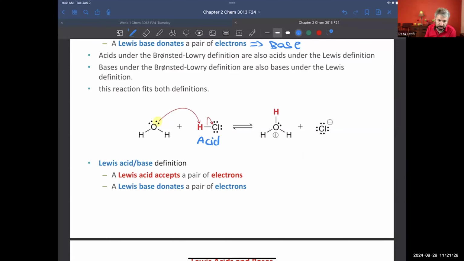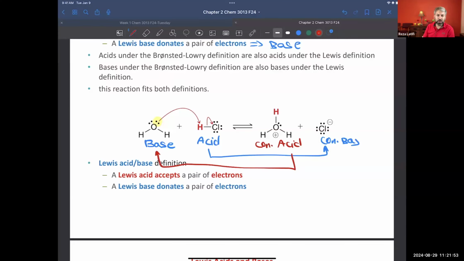Based on the Bronsted definition, I'm going to call this one the acid, because it's giving H plus to water. And this is going to be the base. This one will be the conjugate base, and the hydrogen ion will be the conjugate acid.